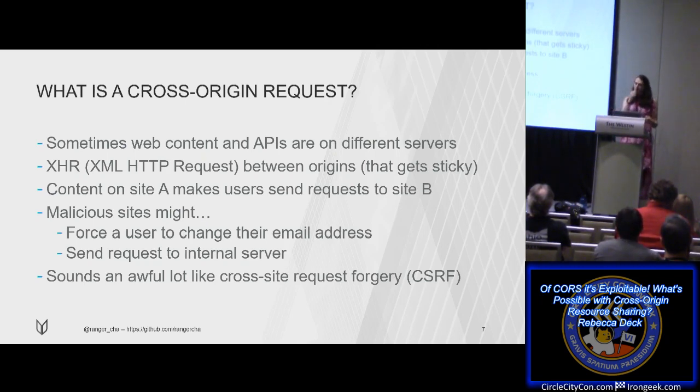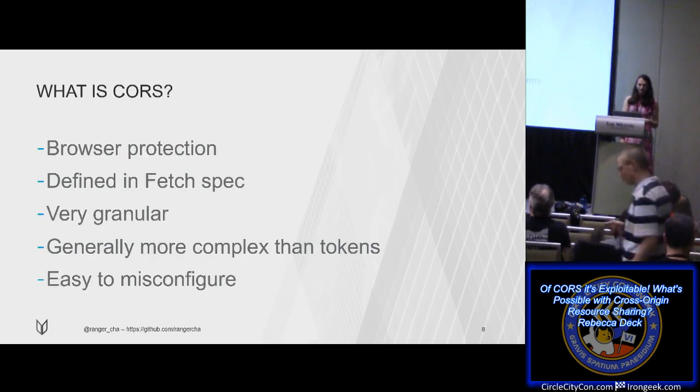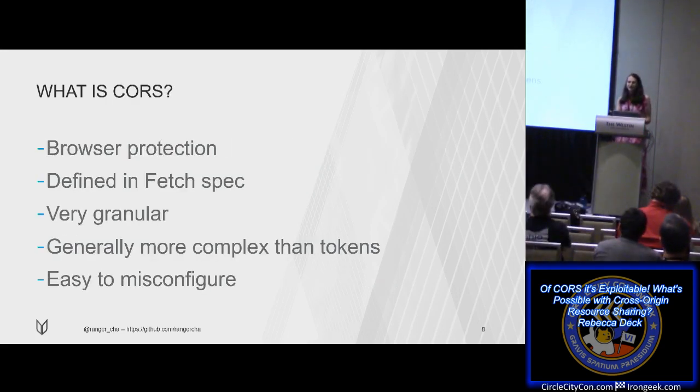Maybe I want you to hit like some internal server that I don't have access to. Like these are going to be these kind of requests. And so it's pretty much just like cross-site request forgery, but because of these protections that we have in place with CORS, it's a little bit differently how you protect it. And the fact that you're moving between systems makes it a little different than like your normal CSRF that you might have been finding for the last decade.